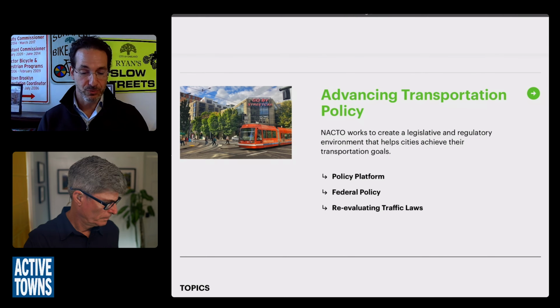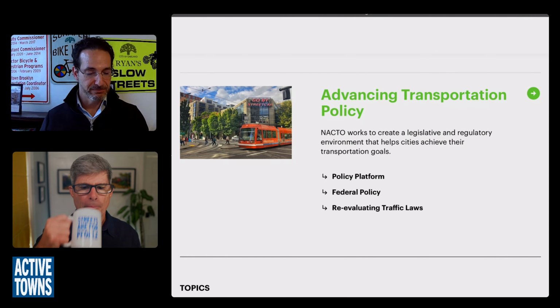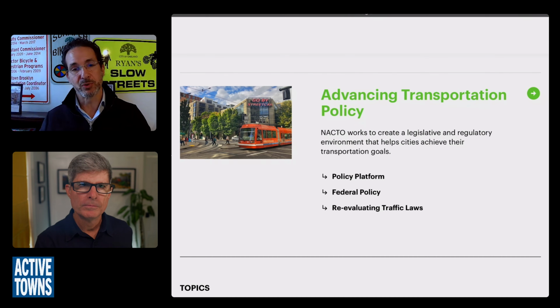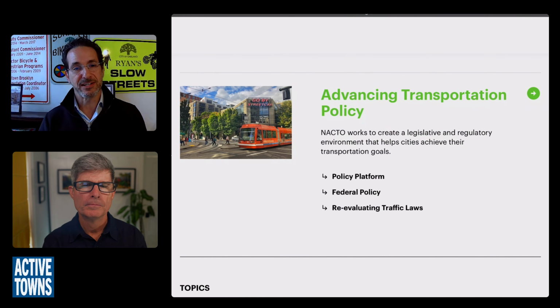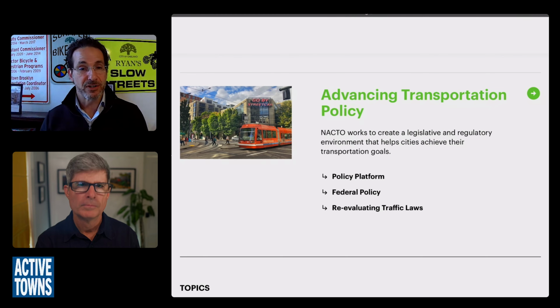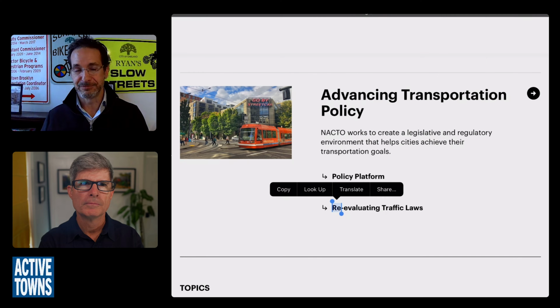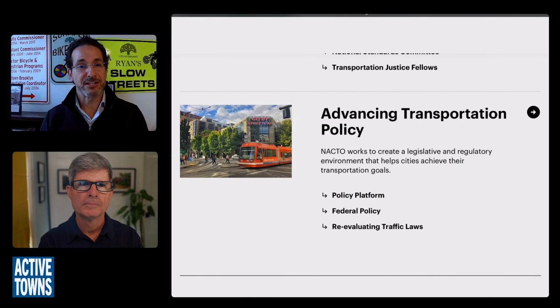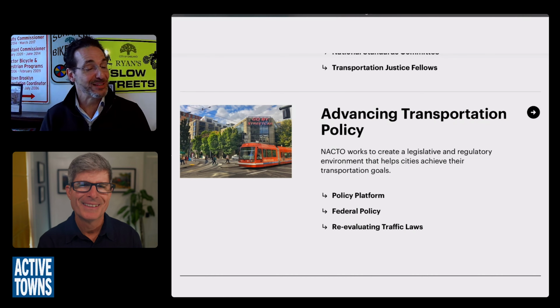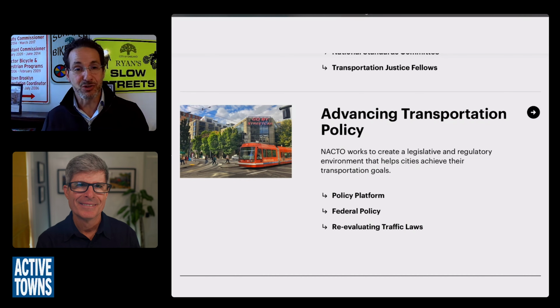Yeah, so NACTO, again, convenes its members and identifies the roadblocks to successful multimodal transportation systems with their streets. And there's 2 elements of that. One is cities are at the bottom of the food chain in the transportation funding scheme. The federal government, going back to the creation of the interstate system with its 90% match for the building of this 70,000 mile interstate system, is a major funder.